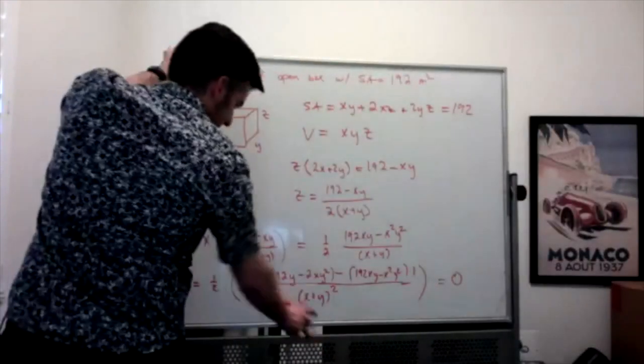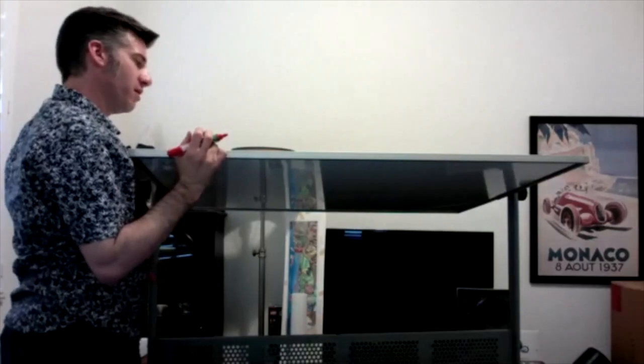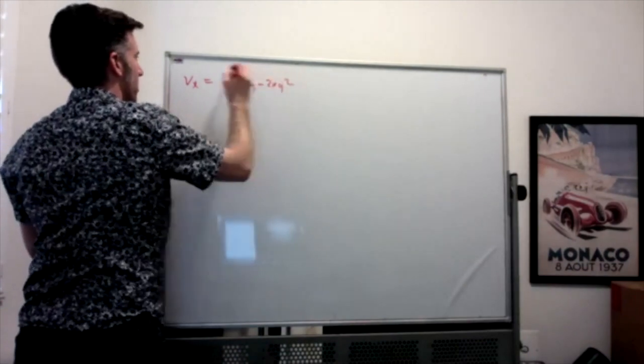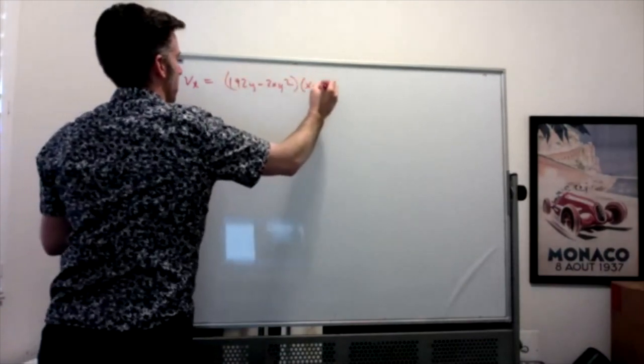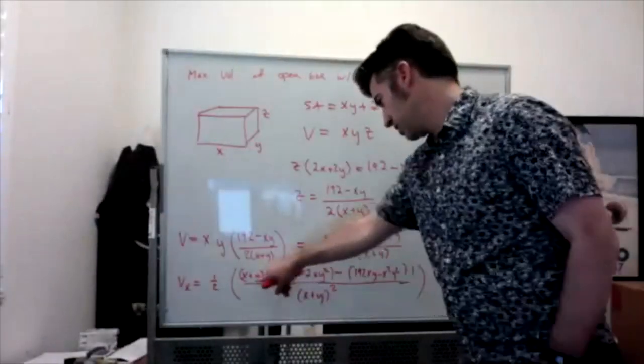So dividing this by this, you're going to have an x plus y to the negative first. So you're going to have vx equal to, sorry, I know this is kind of terrible, 192y minus 2xy squared times x plus y to the negative first, right? That's this divided by this.